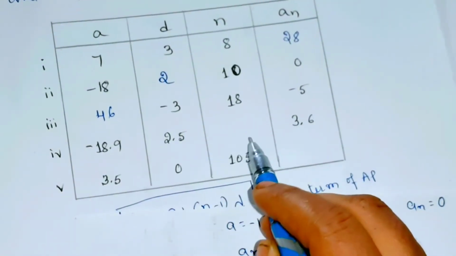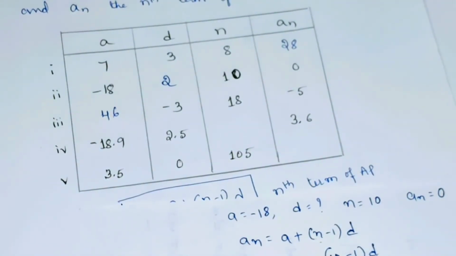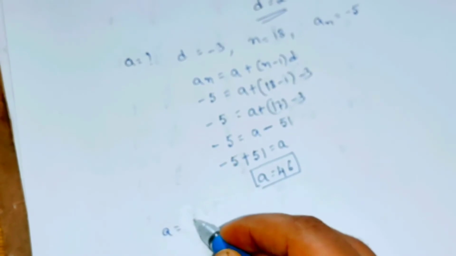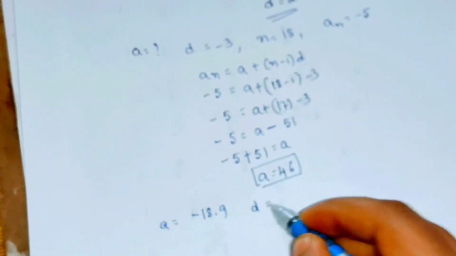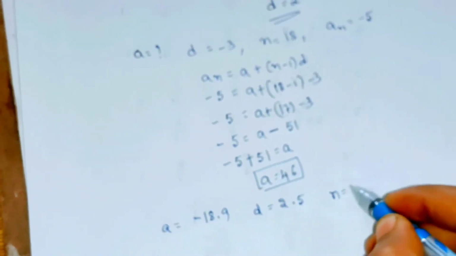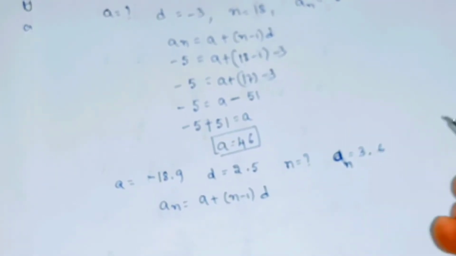Next question, a is given, d is given. You have to find out the number of terms, and an is given, that is 3.6. Let us find the solution. a is given, that is minus 18.9. d is given, that is 2.5. n is question mark. an is equal to 3.6.